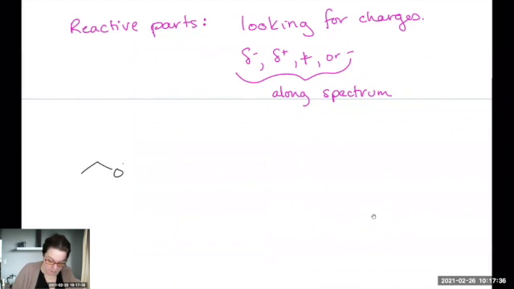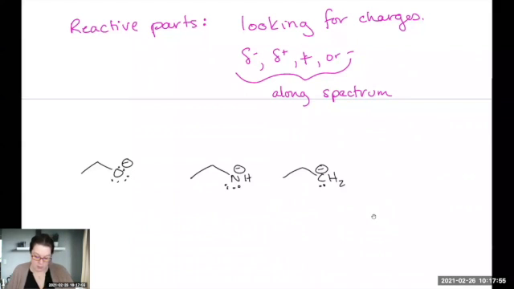So we have oxygen with a minus charge, nitrogen with a minus charge, and carbon with a minus charge, which means they all have at least 1, if not 2 or 3 lone pairs on them.